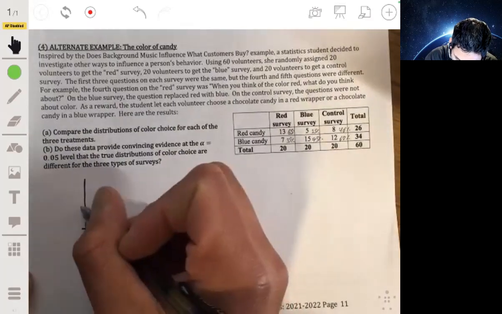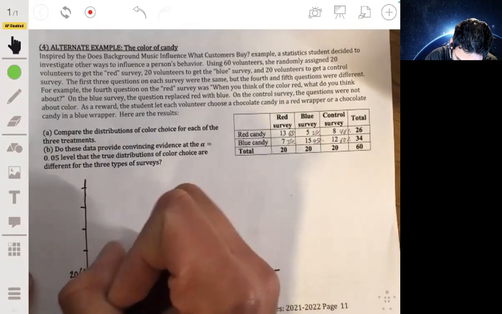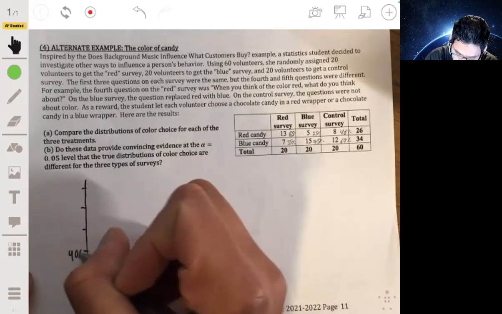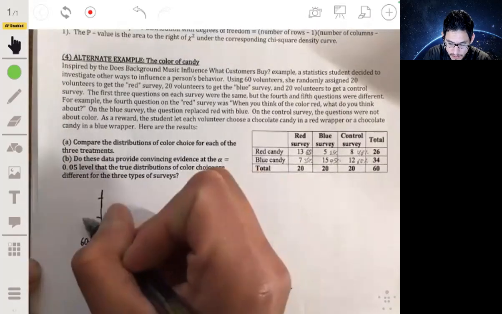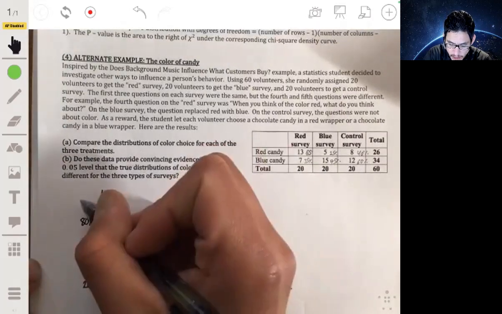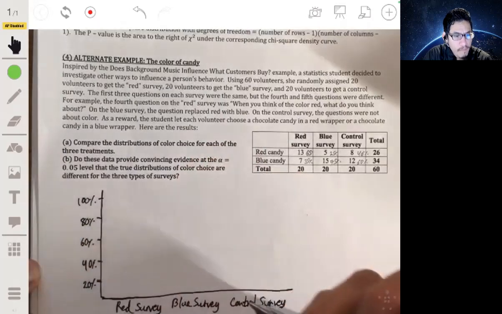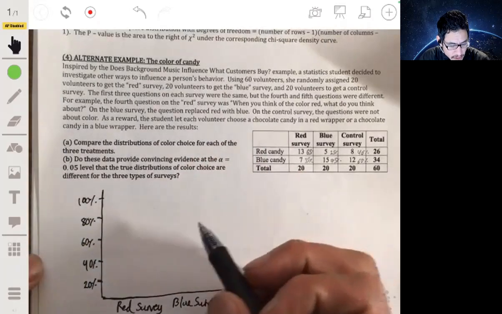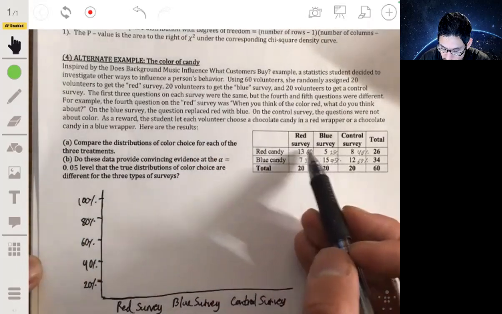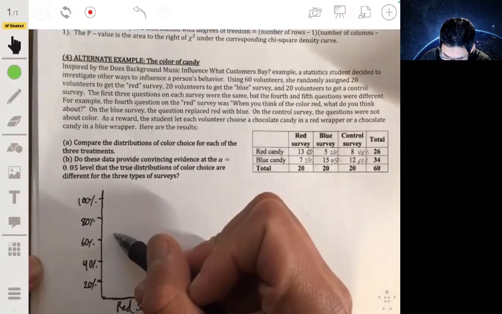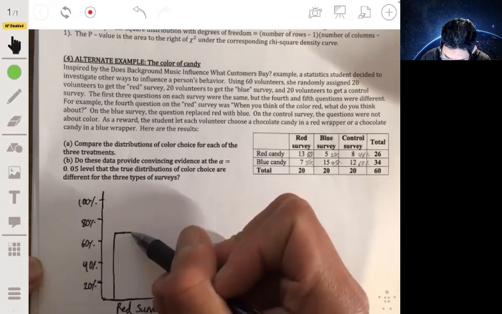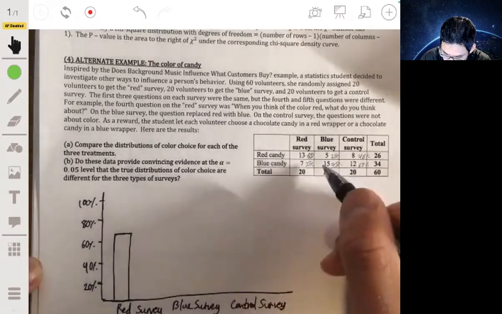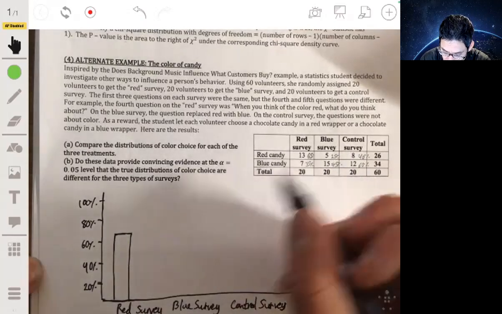20%, 40%, 60%, 80%, 100%. And on the red survey, 65% of them chose the red candy. We'll have a bar going up to about here. 35% of them chose the blue candy.